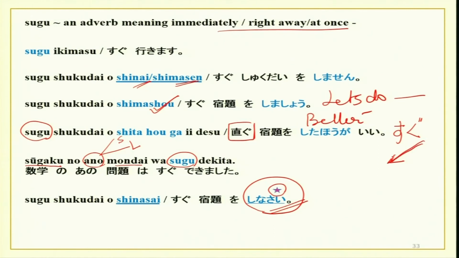Only people younger than you, your juniors, you can order them. Of course, the Japanese don't order like this. These are basically classroom expressions that you use with students, or at home by mothers. Sugu shukudai o shinasai. Your mother will always tell you, come on, quickly finish your homework. So there is no please, no request over there, just an order.